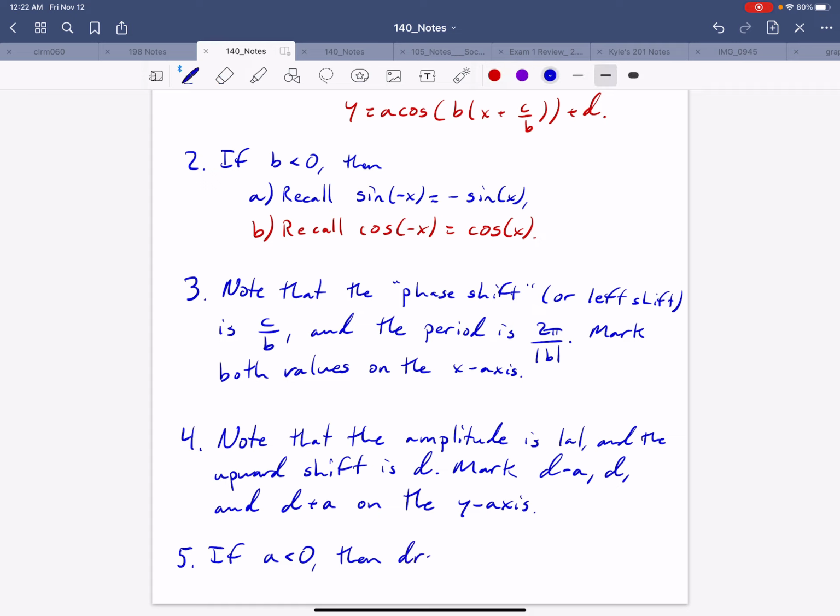I'll just say draw the graph upside down, i.e. vertically inverted from normal. Okay.